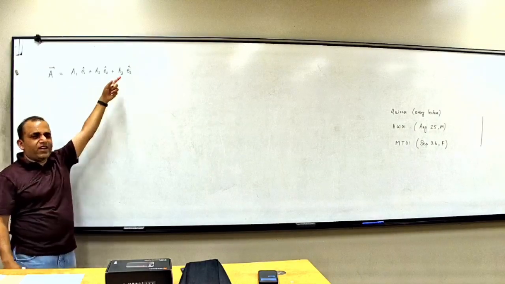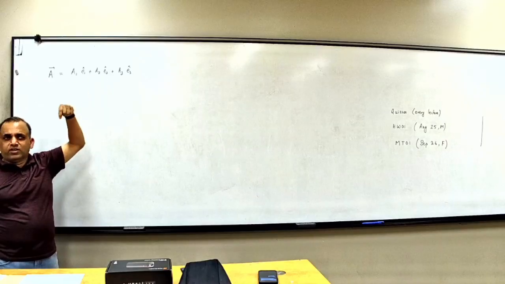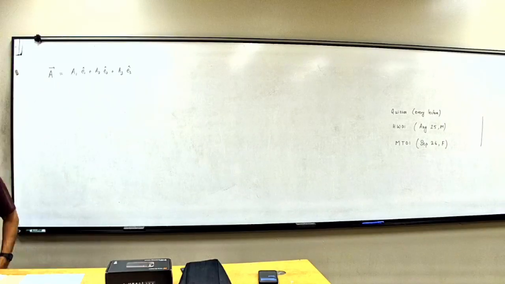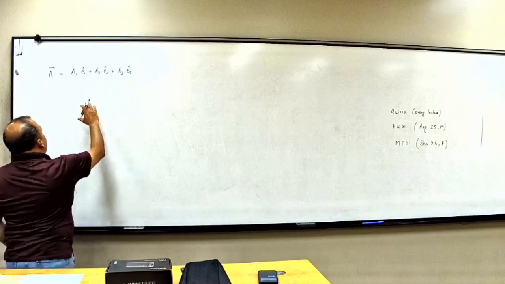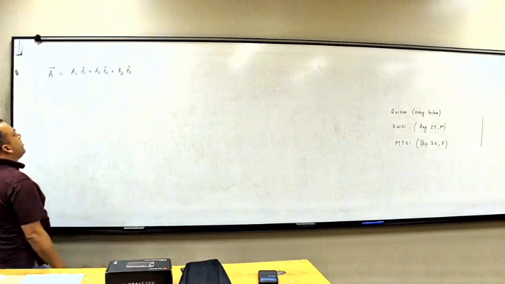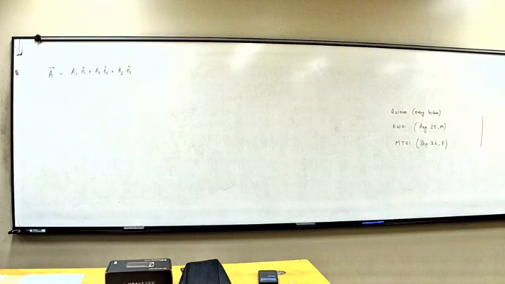This is IJK. I wrote it as 1, 2, 3 so that I have a label. We are always going to be working in rectangular coordinates, so we are not worried about polar, spherical, or cylindrical coordinates.